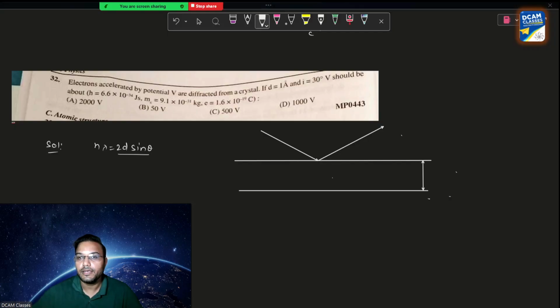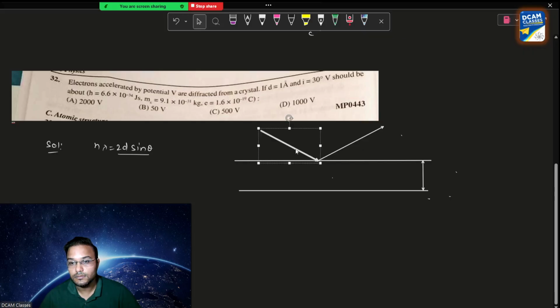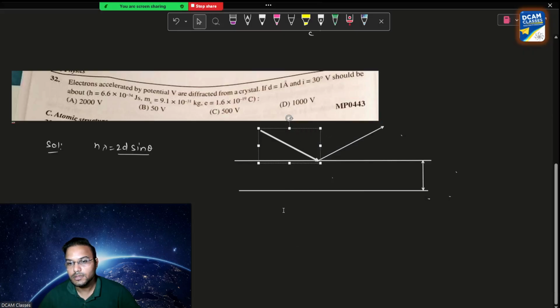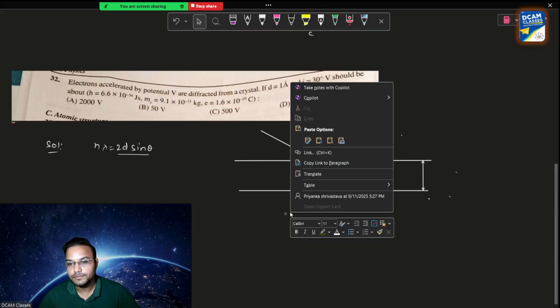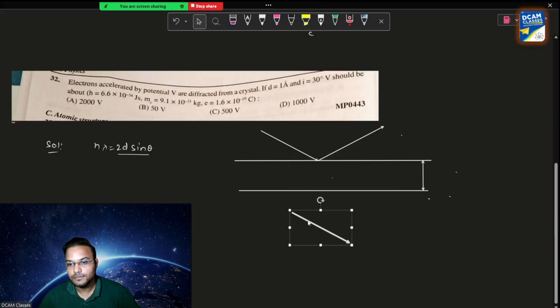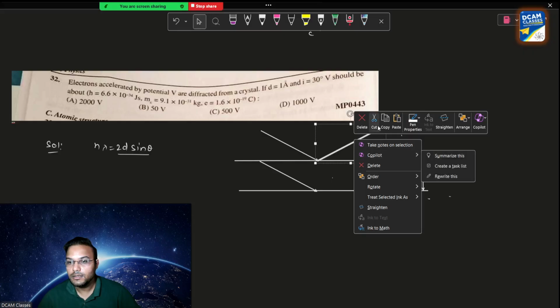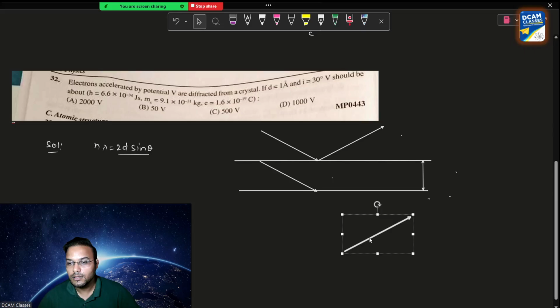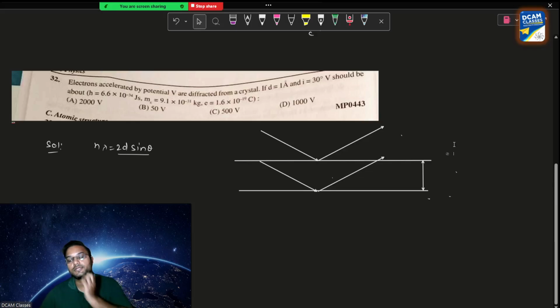In the same way, I can draw another ray here, and again this ray.